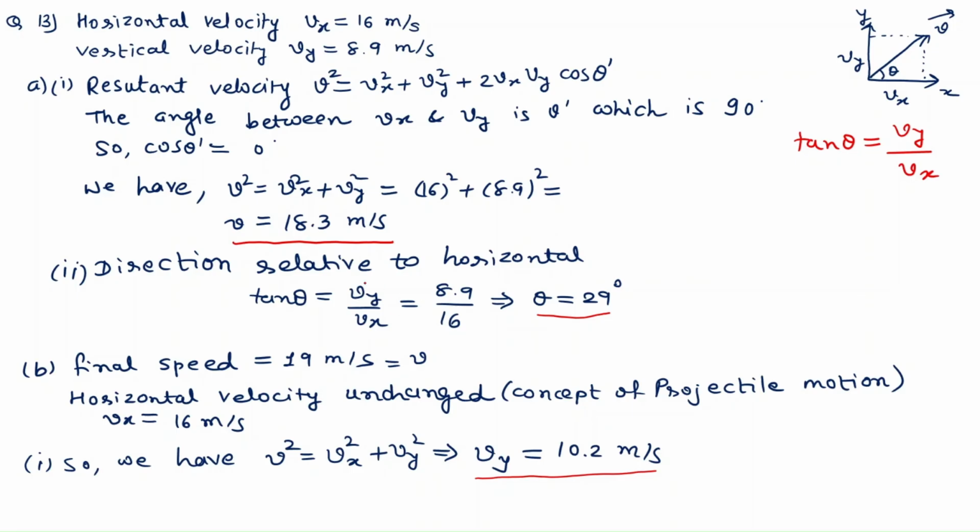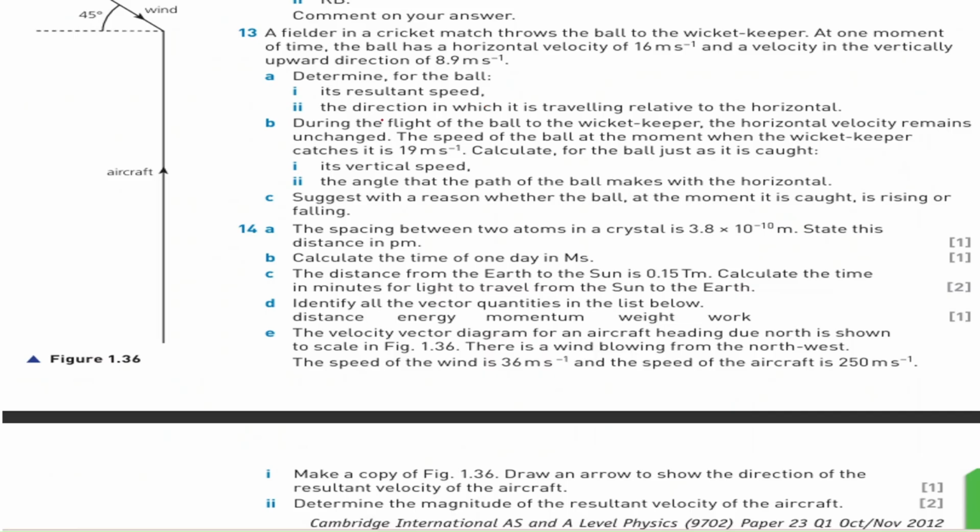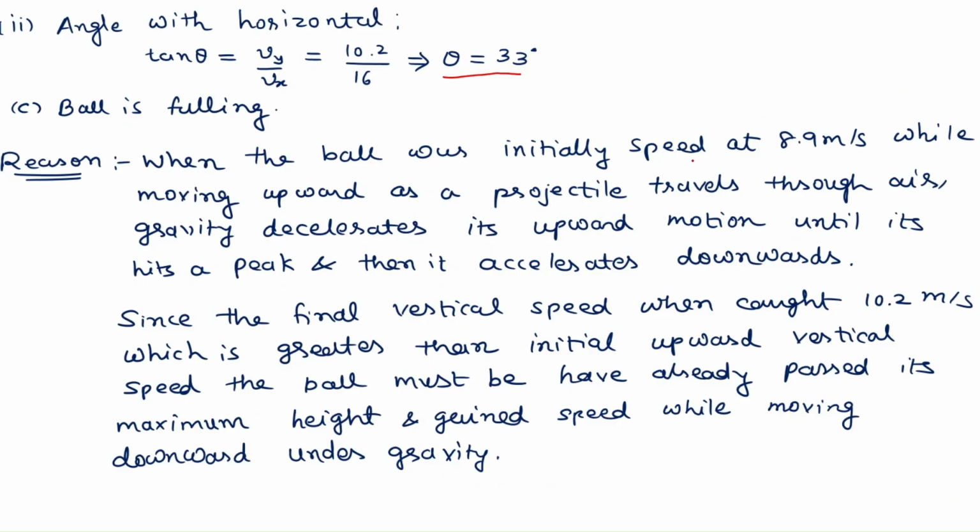Now we know Vy and Vx. So put the values 8.9 upon 16 and we get theta equal to tan inverse of 8.9 upon 16, and we get the result 29 degrees. So our second answer, the direction in which the ball is traveling relative to the horizontal, meaning theta, is 29 degrees.